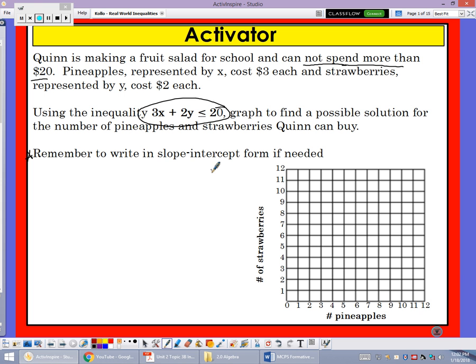All right, our first step is to solve for y. So I've got 3x plus 2y has to be less than or equal to 20. I'm using the slate, so my handwriting will look horrible. All right, what do I do first? I don't divide. Come on, Miss Colo. I subtract 3x on both sides.